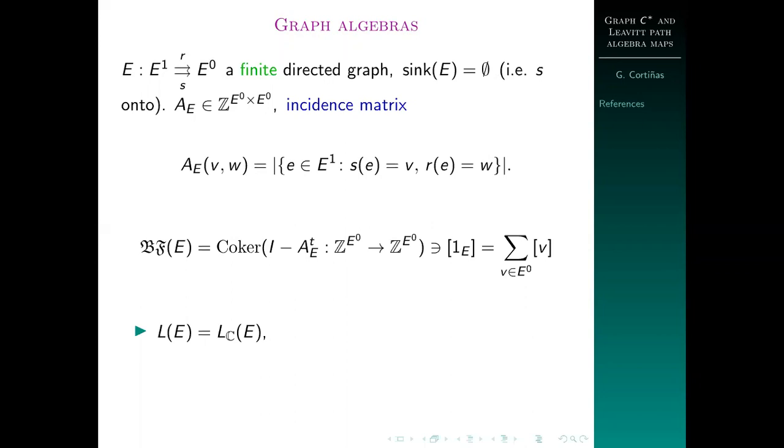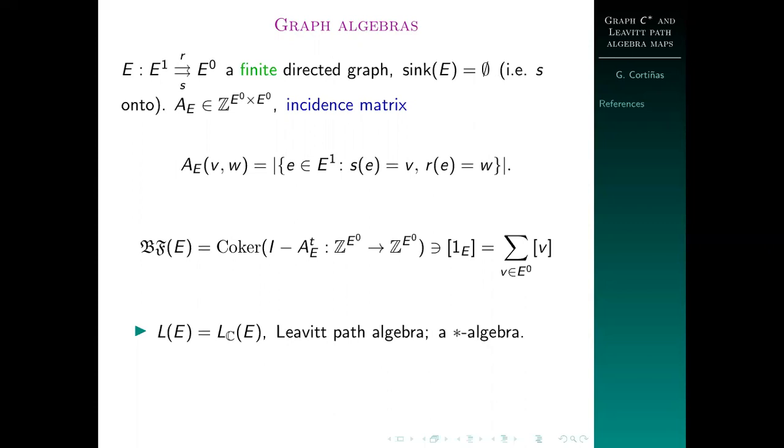So this is an algebra with an involution. It's a star algebra, so the involution fixes the vertices, maps an edge to its ghost edge, E star, and on the complex numbers, it is given by complex conjugation.